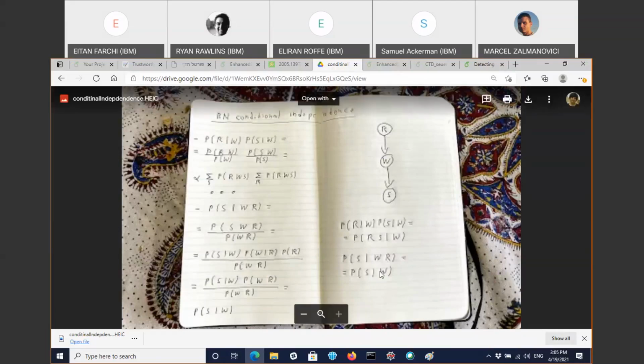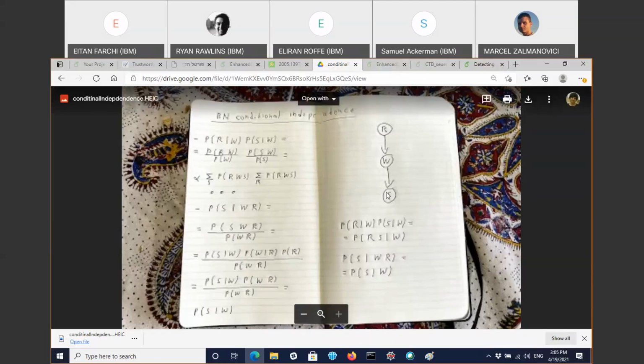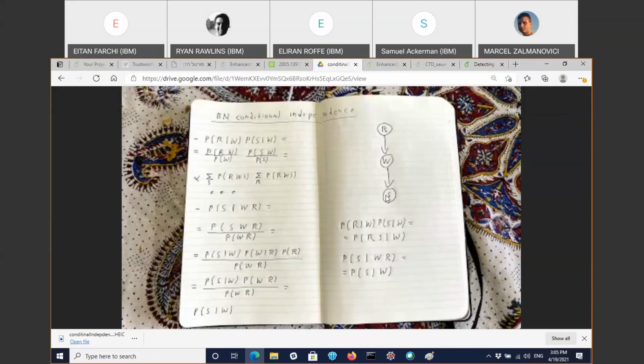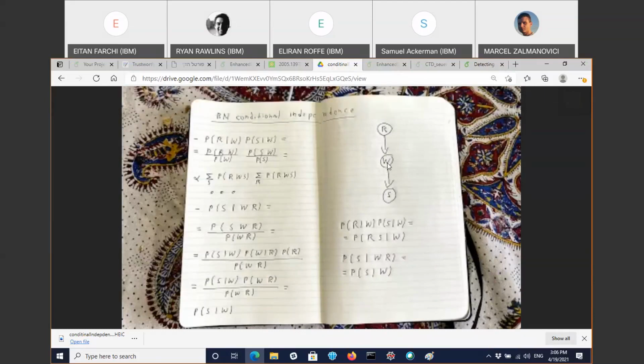Now I want us to convince ourselves that whenever you have such a situation in a Bayesian network, we could say that R and S are conditionally independent given W. And what I'm going to do in the next few meetings is show you different situations and generally read conditional independence from the graph.